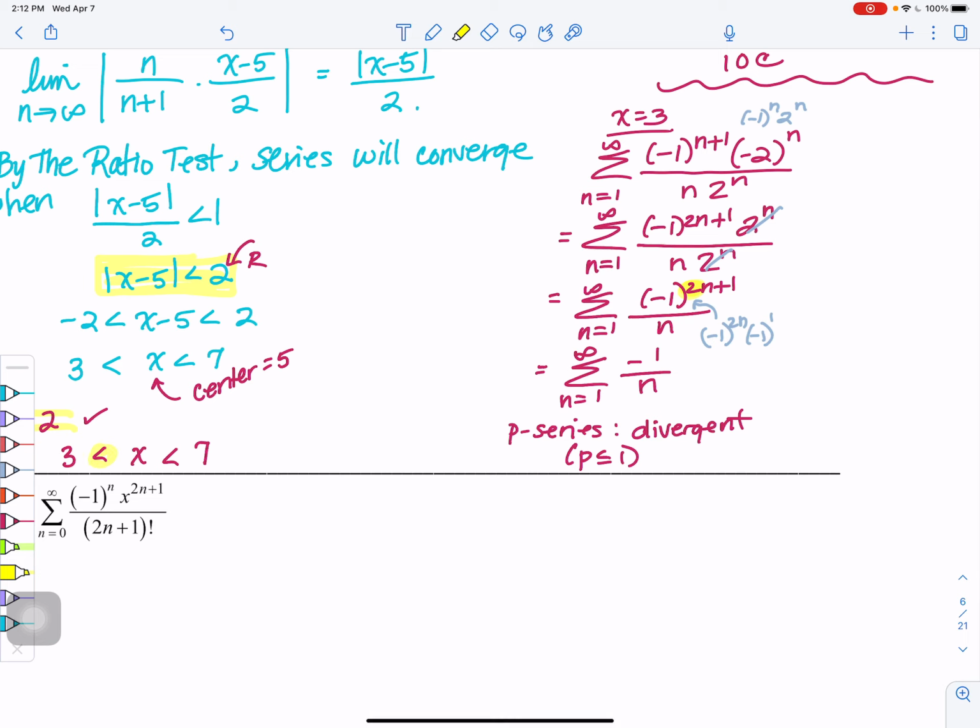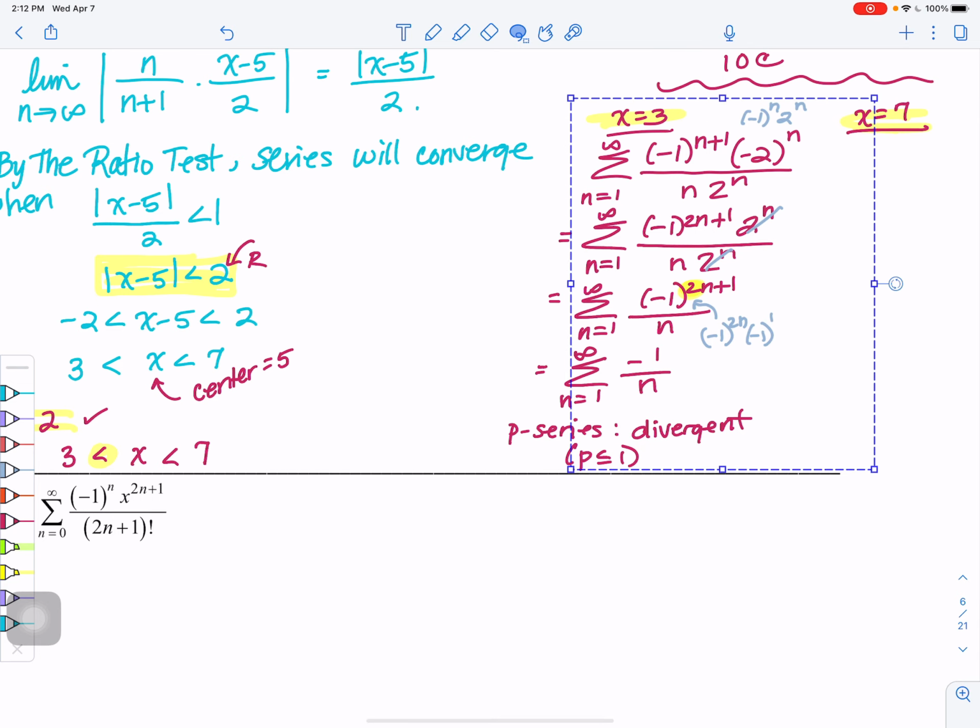Now we have to check when x is 7. x equal to 7. This is our other endpoint. And I was hoping I could move some of this over. Let me try one more time. It's not going to work.